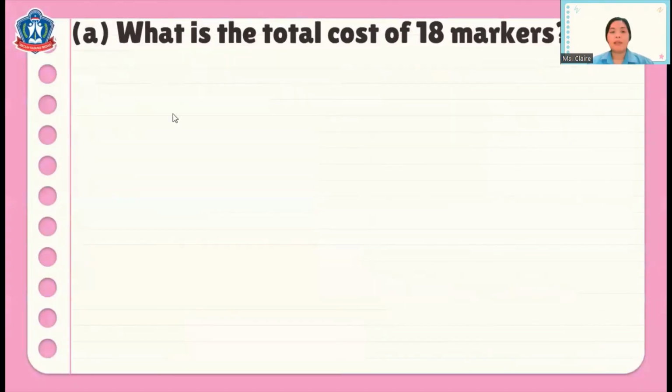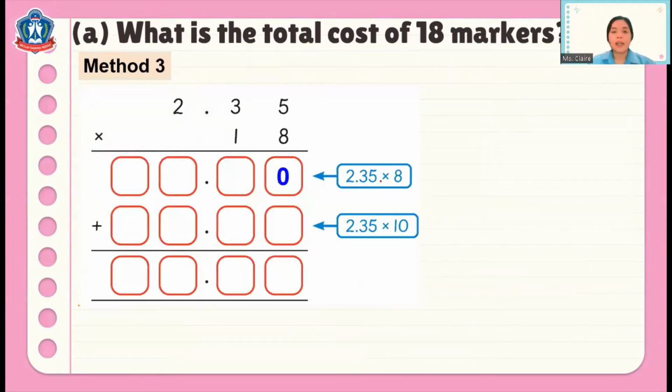Okay, I have another problem. What is the total cost of 18 markers? This is another method actually, not a new problem. Okay, you can multiply it like this, the usual one. So 2.35 times 18. We will multiply it first by 8, and the answer is 18.80.